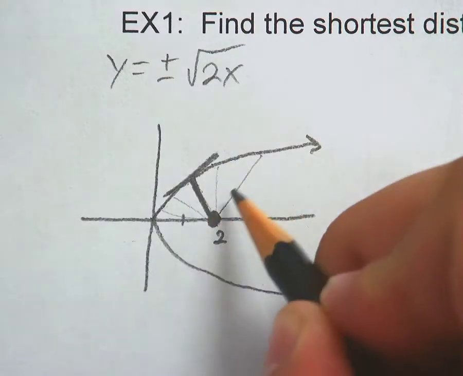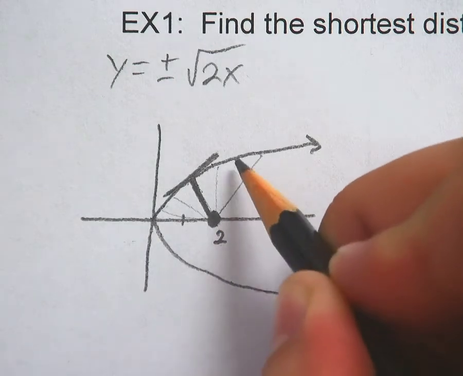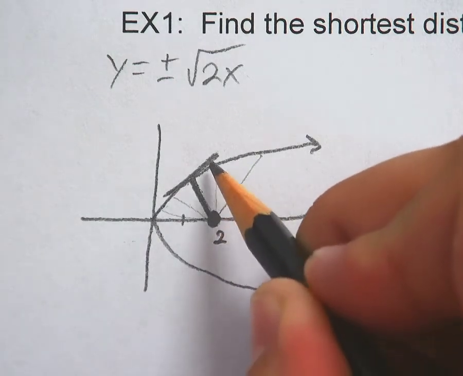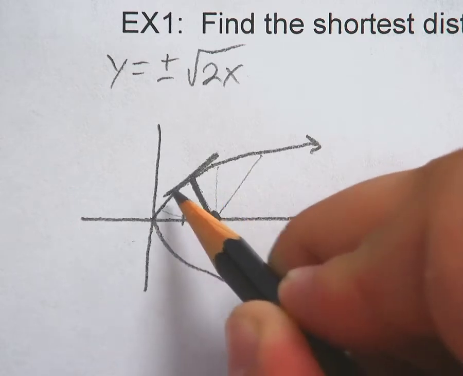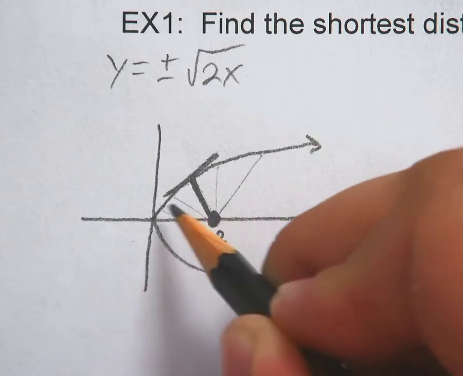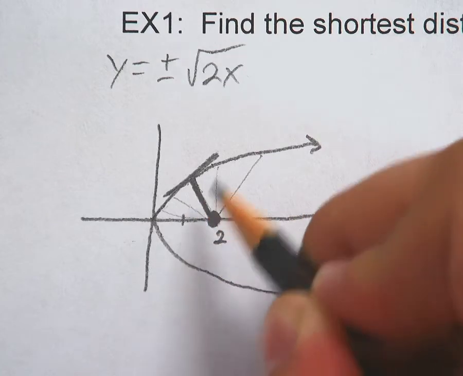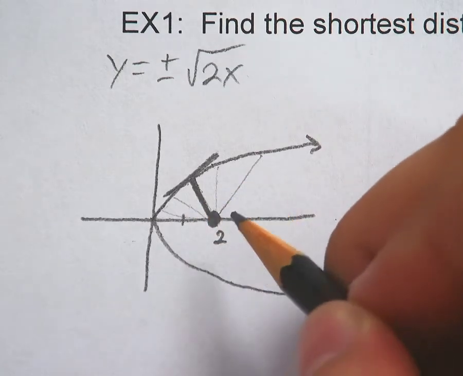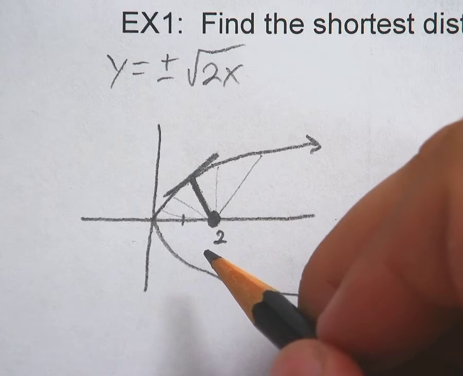So what you can see here is that if you think of change, it's bigger, a little bit smaller, a little bit smaller, smallest, a little bit bigger, a little bit bigger. So the change, if you go from left to right, is decreasing and then it's increasing, right? It's getting smaller and then the change is getting bigger. Kind of like a minimum, like you're minimizing the distance.